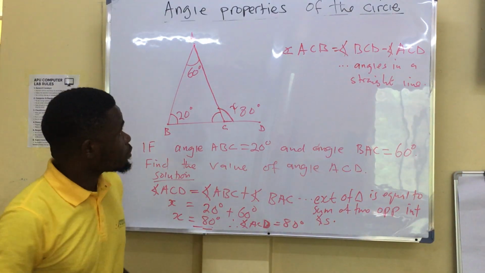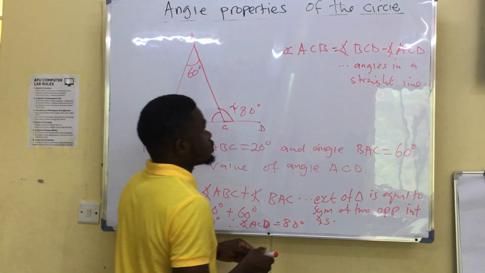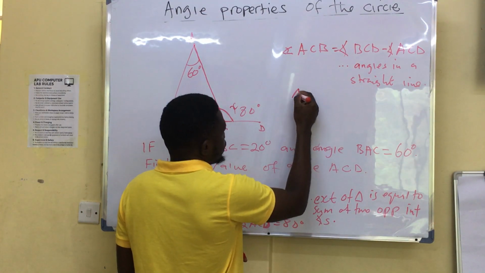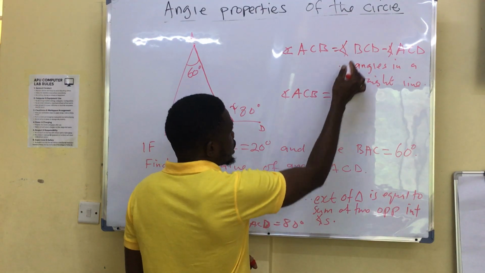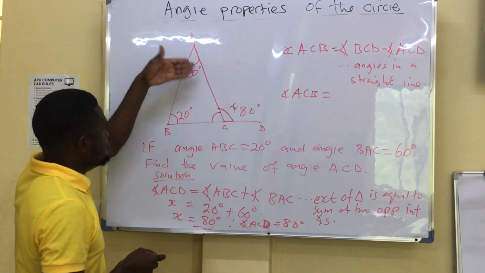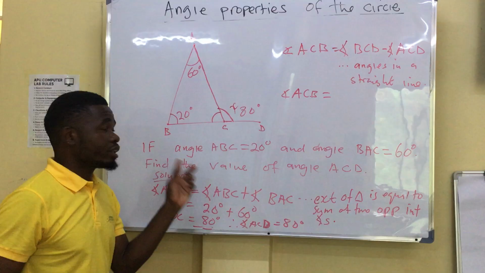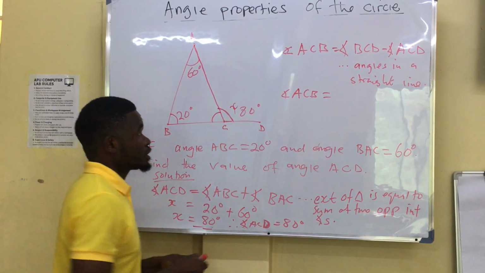Fine. What's the value of angle ACB? We don't know. That's why we want to find it. Angle ACB is equal to what? Angle BCD is what? BCD is 180 because it's a straight line. This line, BCD, is a straight line. So it's 180 degrees.